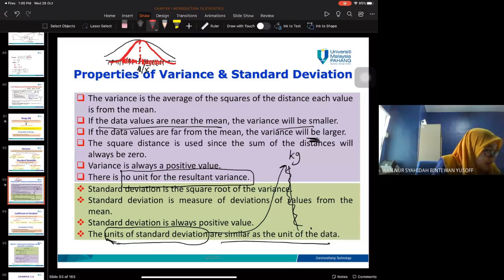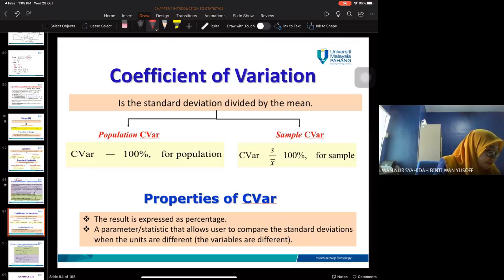Okay. So coefficient of variation. We have a similar formula for the population and sample. It is the standard deviation divided by the mean, and it will be in terms of percentage.